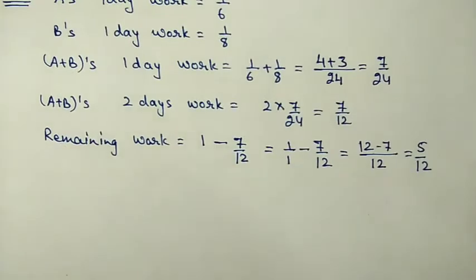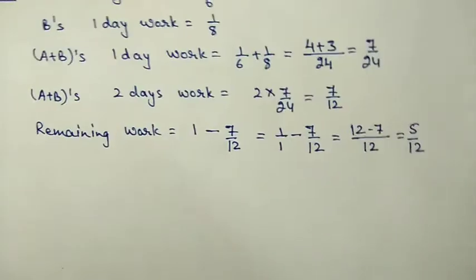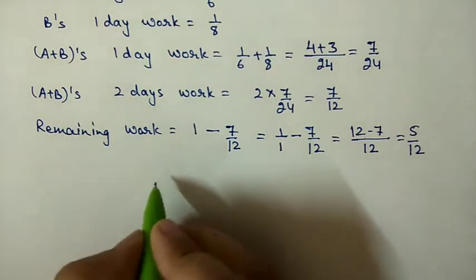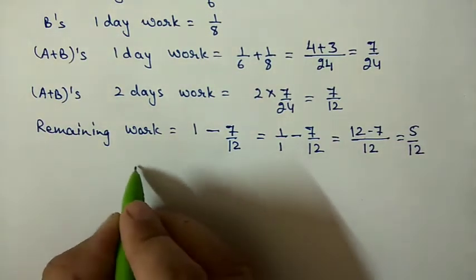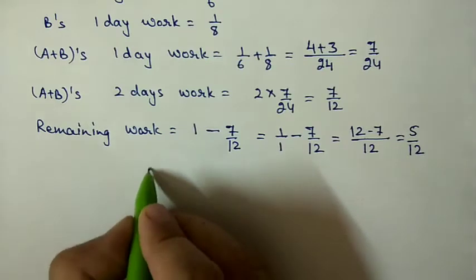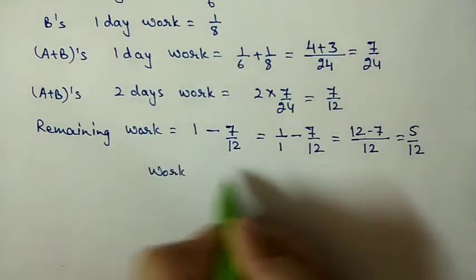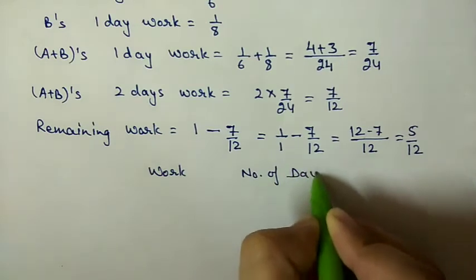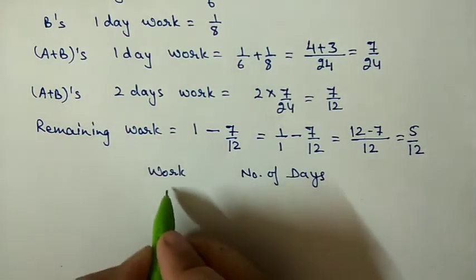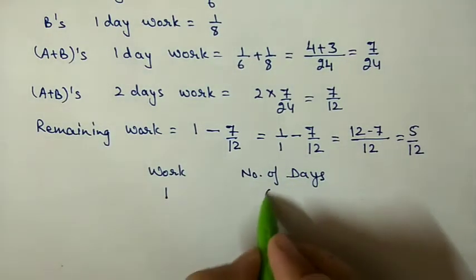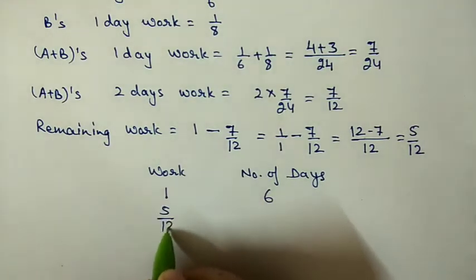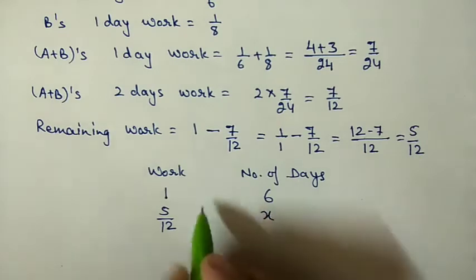Now this work A will do alone. So how to calculate? Number of days and work. To complete a work, A is taking 6 days. Now to complete 5 by 12 work, let him take X days.